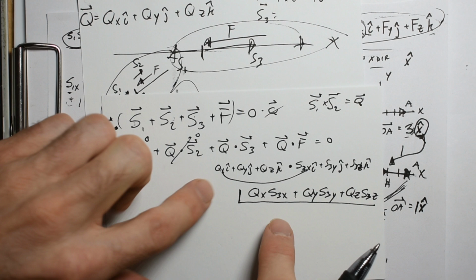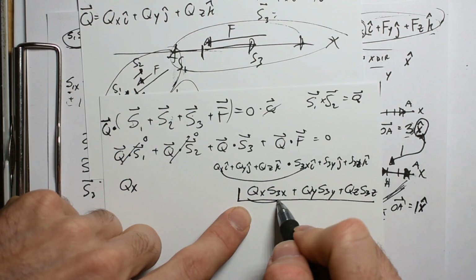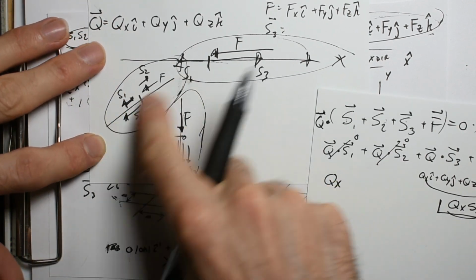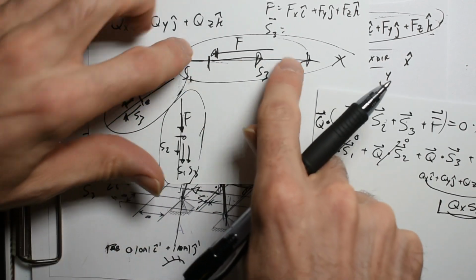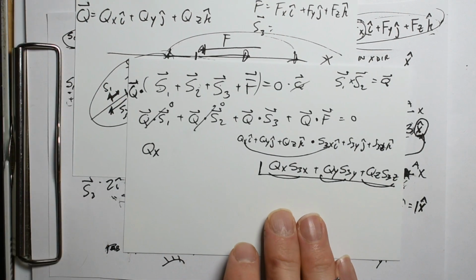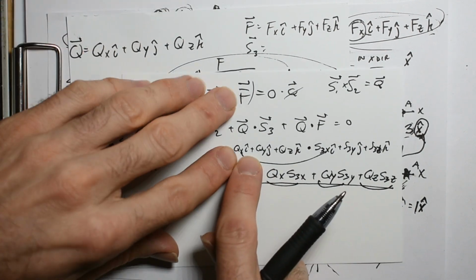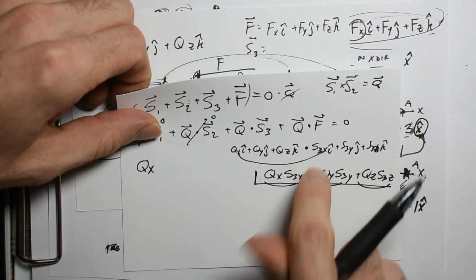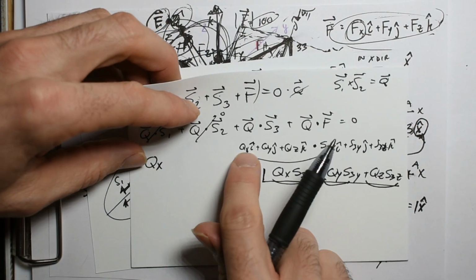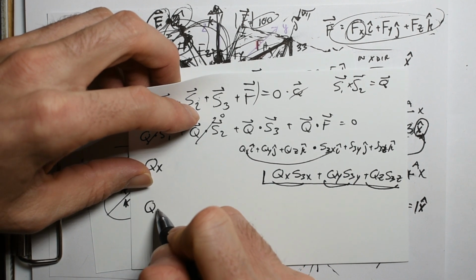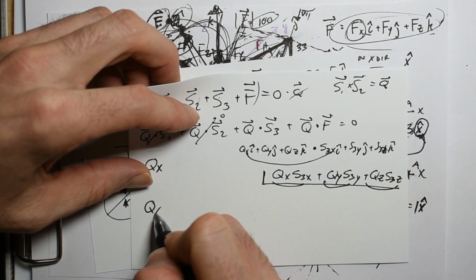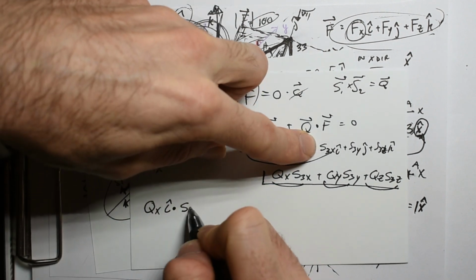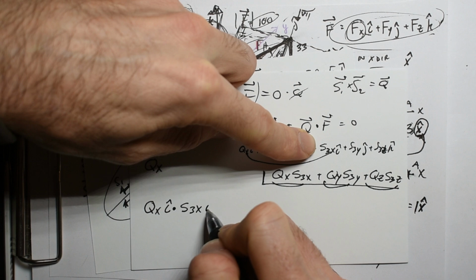All right, cool. But I still did it in 3 separate steps, and each of these steps represents a type of scenario. So let's see, this i hat is still a vector. So this is still the same. I've never done this before, but this is the same thing as saying Q. This is the magnitude, but Qx i hat is the unit vector dotted with S3x i hat.